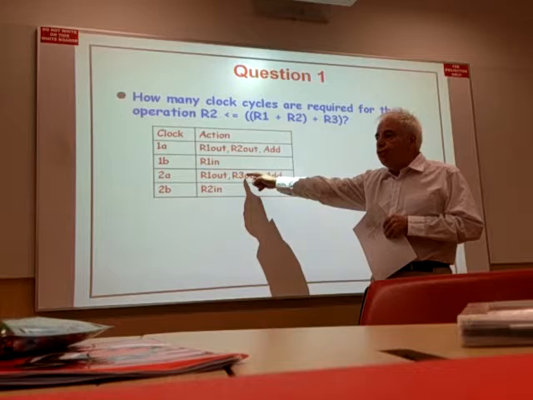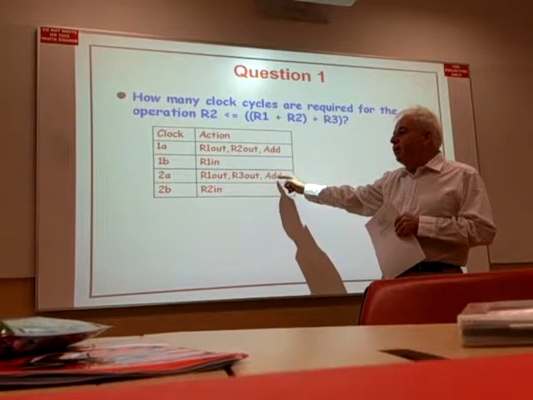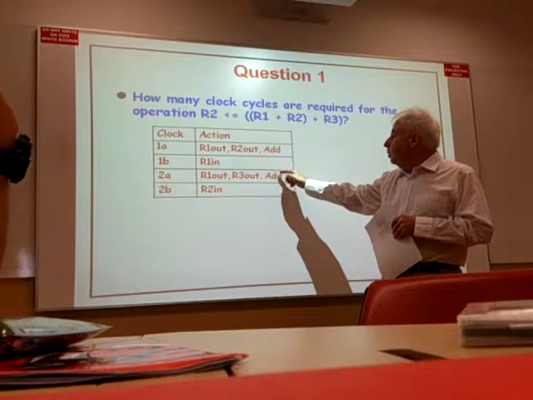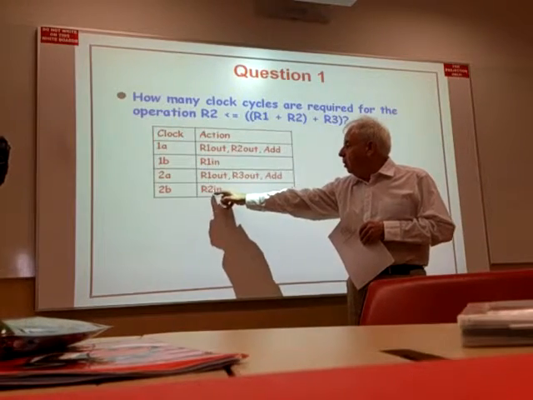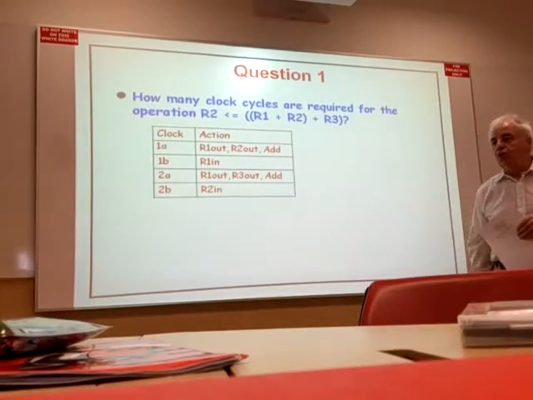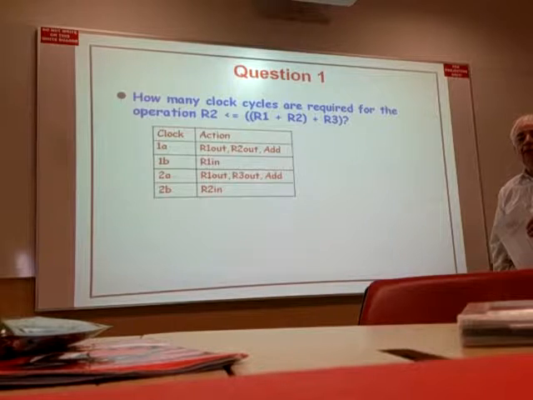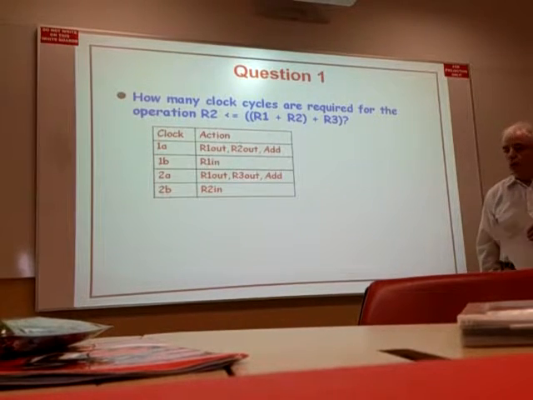We can output R3 on the other bus, send it to the ALU to add, and the result of that on 2B we can put back in register R2. Okay, so we can complete that operation in 2 clock cycles.